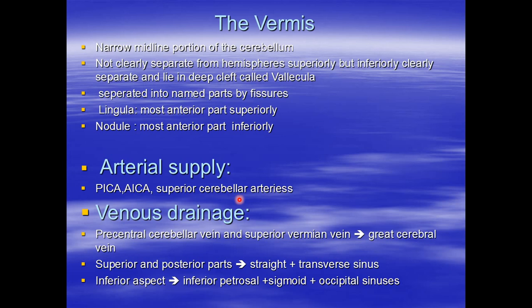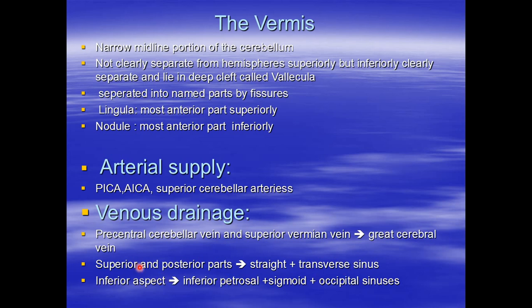Now, regarding the venous drainage of the cerebellum, the precentral cerebellar vein and the superior vermian vein drain into the great cerebral vein, while the superior and posterior parts drain into the straight sinus and the transverse sinus, and the inferior part drains into the inferior petrosal, sigmoid, and occipital sinuses.